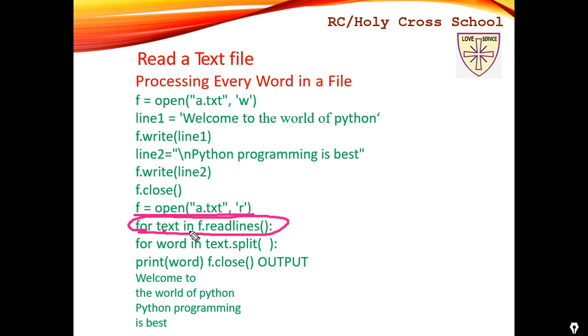Are you getting it, text in f dot readlines? It is going to work till it gets text in each line. This is the syntax. Are you getting me? It is going to run the loop till it reads a line, text in a line. Right, so this will all be clear when I show you the program.